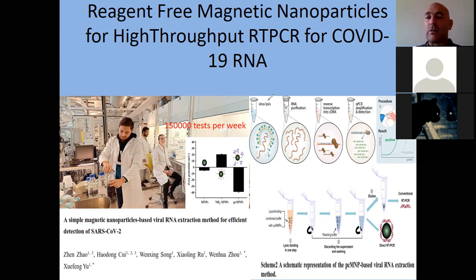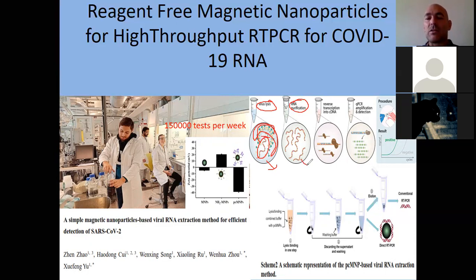Basically, you take the virus solution and then you use a solution that breaks the membrane of the virus. When you break the membrane, the genetic material goes into the solution, and here you can purify this RNA, okay?